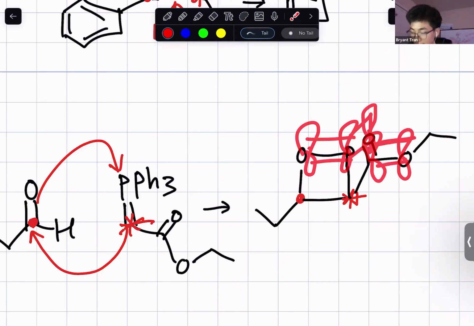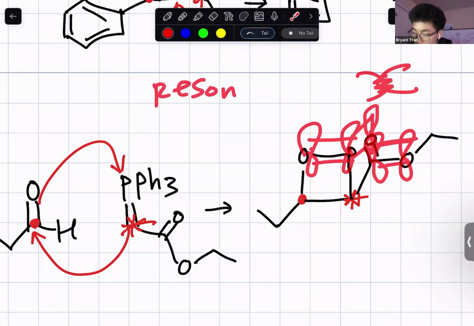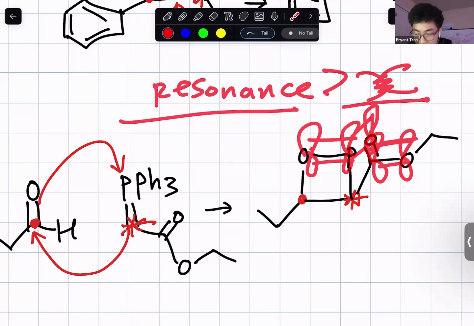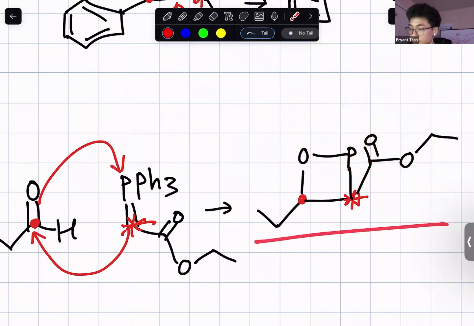This looks very weird because there's a lot of steric hindrance. But in OChem, resonance overpowers steric hindrance. The two big factors in OChem are resonance and steric hindrance, and in most cases resonance beats steric hindrance. So even though this looks very sterically hindered and unstable, it will be this E alkene because of increased resonance.